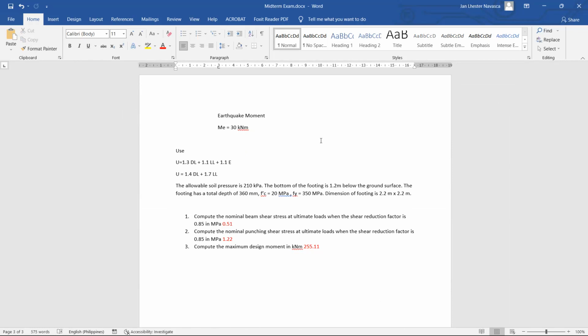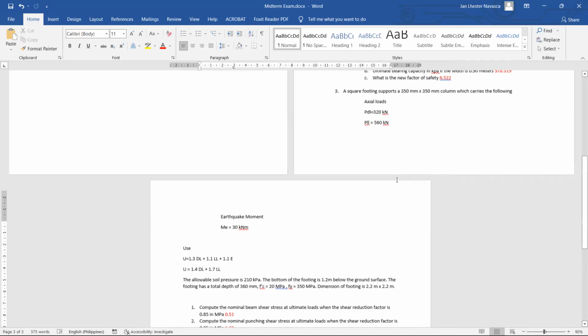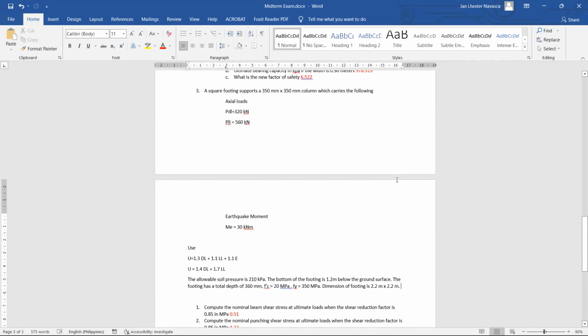I did not mention here to use the envelope method. That means you take the maximum PU in each load combination. So our PU comes from this value, and your MU comes from this value.